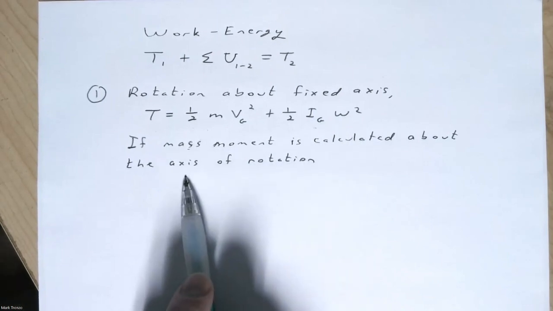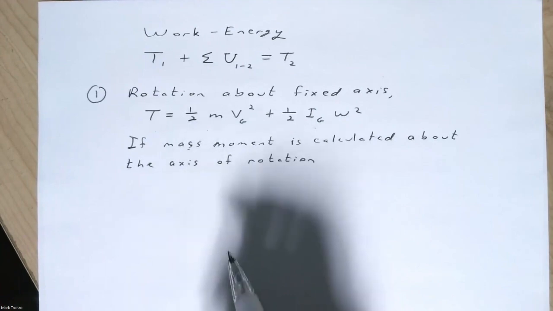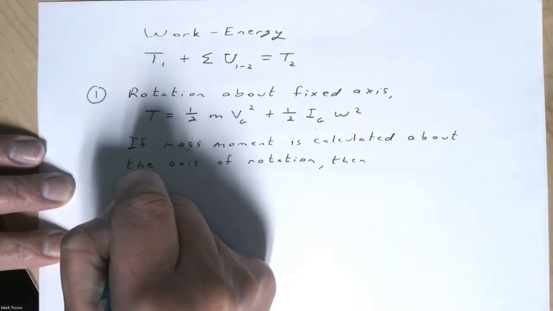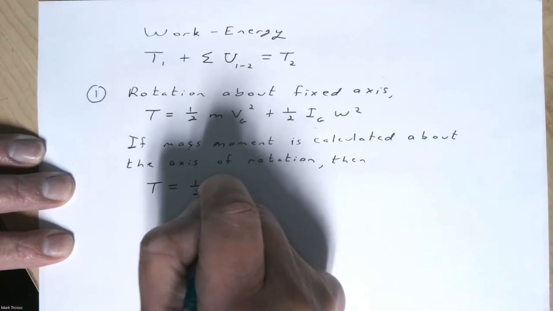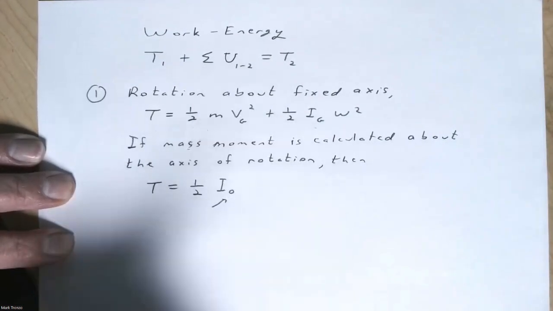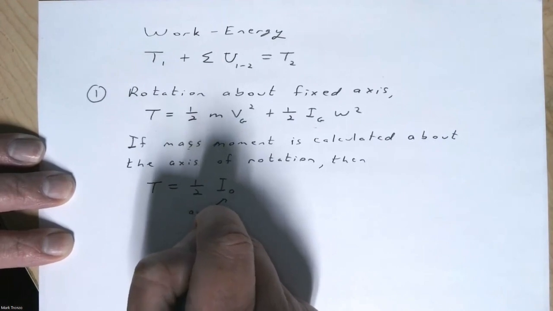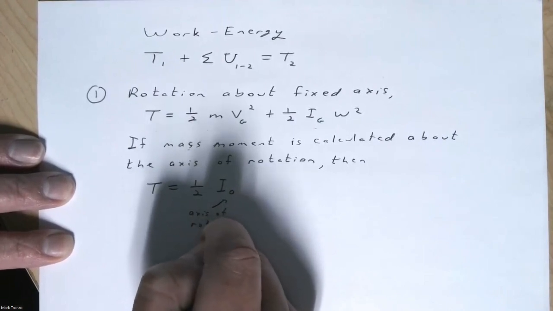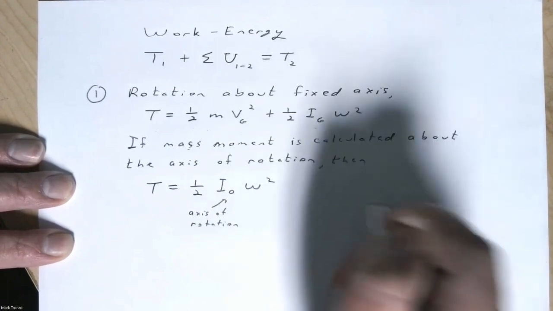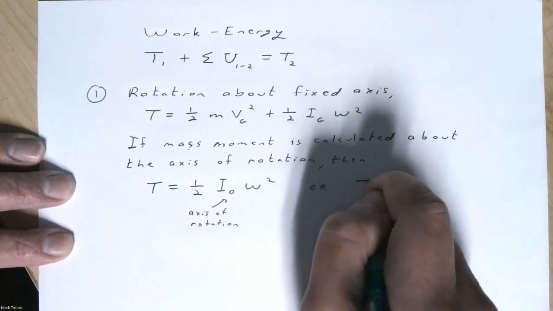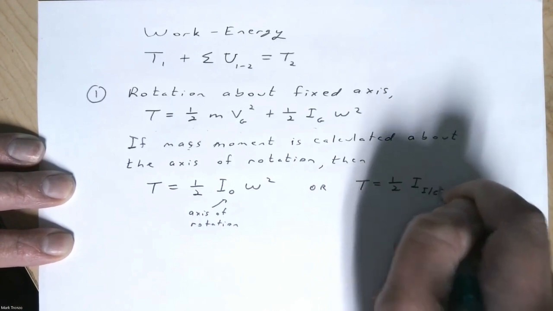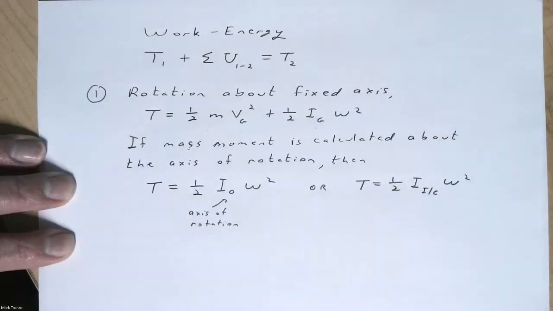Now, if the mass moment is calculated about its axis of rotation, then this equation simplifies to simply this: let's say O is the axis of rotation, T is 1/2 I about the instant center times omega squared, like this.